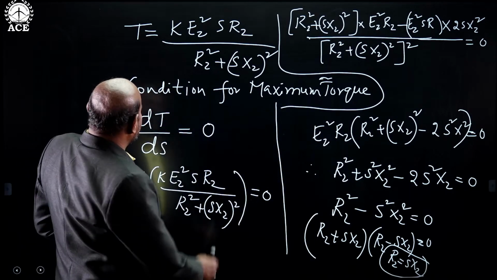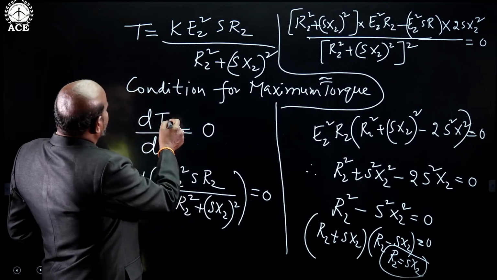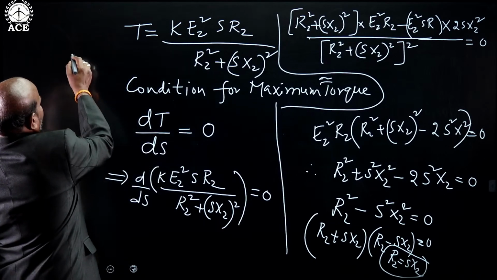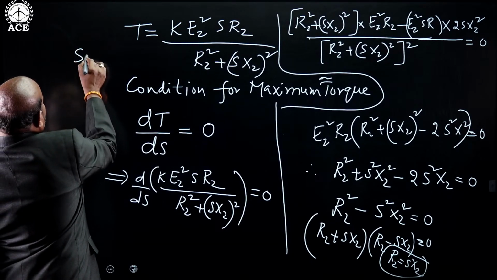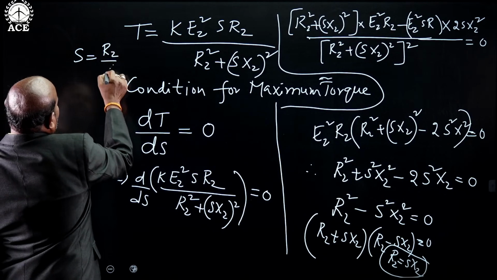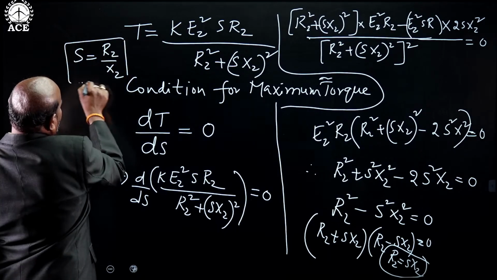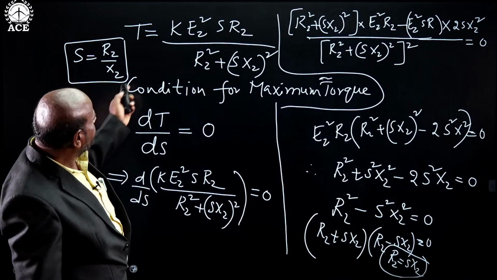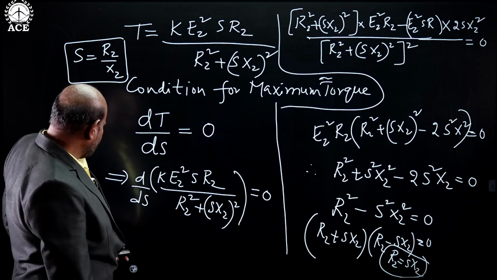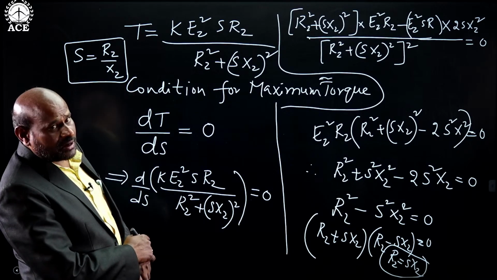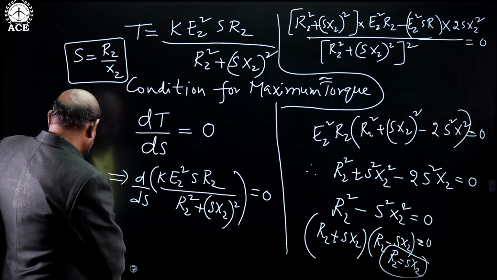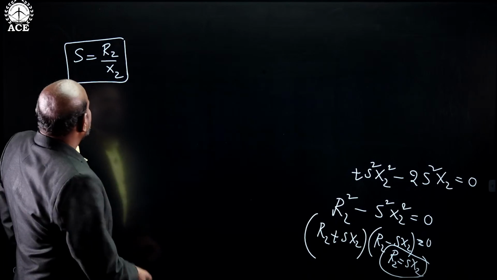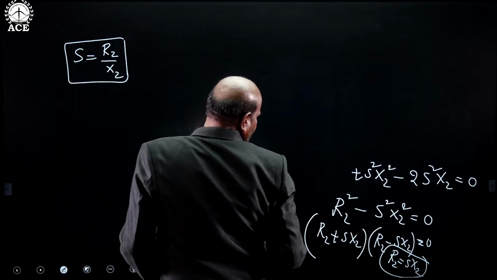So what is the condition for maximum torque? If you differentiate and equate it to 0, we get the condition for maximum torque as S equal to R2 by X2. This is the condition for maximum torque. If we substitute this condition in the torque expression, you are going to get the maximum torque value.